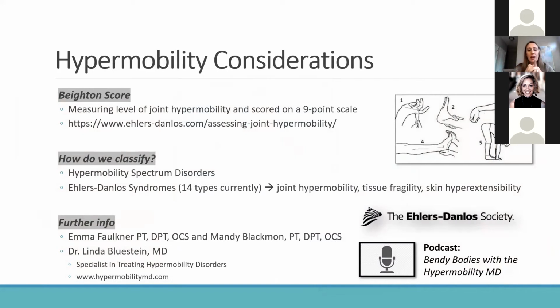And then I have a couple of different resources on here, like Mandy and Emma mentioned, like the Ehlers-Danlos Society, for you to dive further in. So trying to figure out, is this dancer somewhere on that spectrum? There are 14 types of these syndromes that can be classified based on the criteria. So it just may be something you want to dive a little bit deeper into.